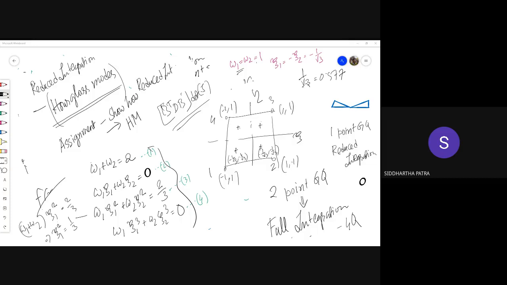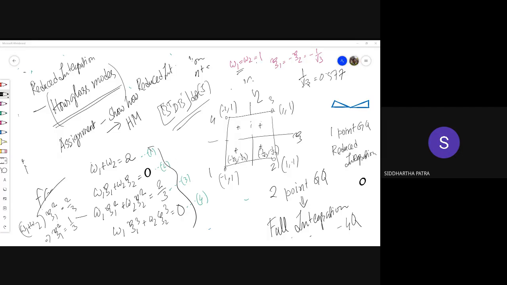You can use single point Gauss quadrature as a numerical integration tool for evaluating the stiffness matrix of an 8 noded brick element. Obviously it would be an approximation. Even when the physical element is a perfect cube, it would still be an approximation. That's what we have learned from Gauss quadrature.